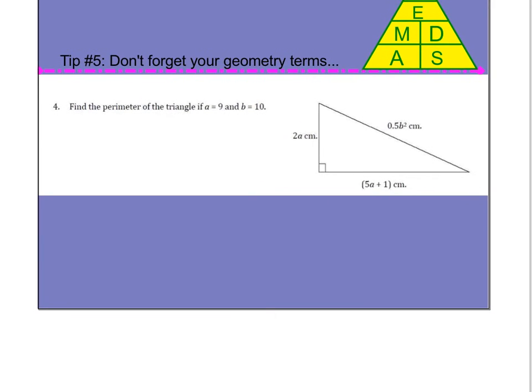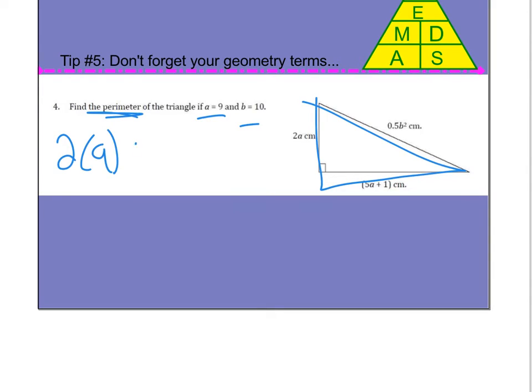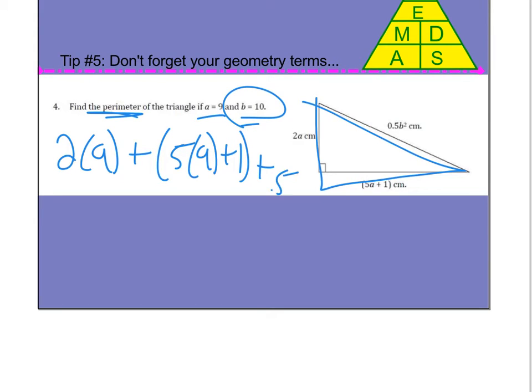So don't forget geometry. Perimeter, what does that mean? That means I'm going around the shape. So if A is 9 and B is 10, that's going to be 2 times 9 plus 5 times 9 plus 1 plus, when I get to B here, 0.5 times 10 squared. Sorry, I'll rewrite that down here so it's a little easier to see.